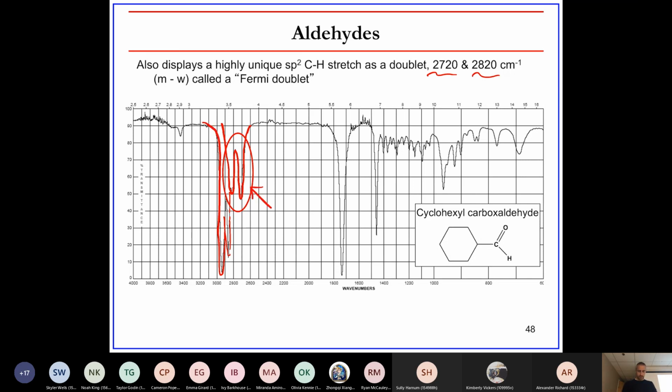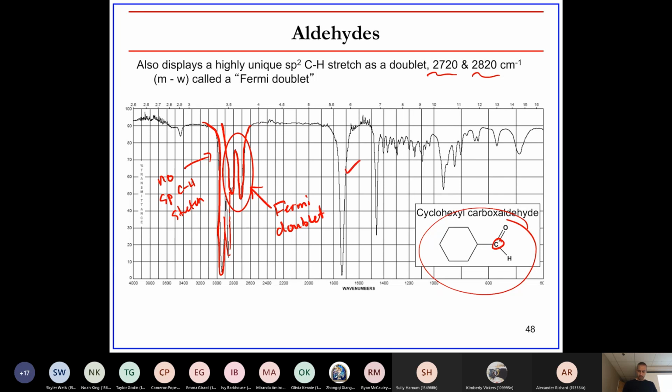So we call that the Fermi doublet. It's the only time you ever see anything around 2700. So when you have the right-hand peak of the Fermi doublet, it's for aldehydes. You see there's no sp2 stretch, which is good because there are no sp2 carbons in here, except for the carbonyl carbon, which gives you the Fermi doublet.